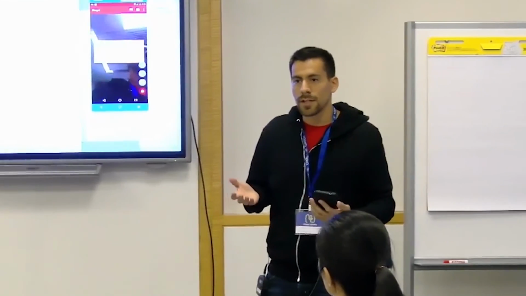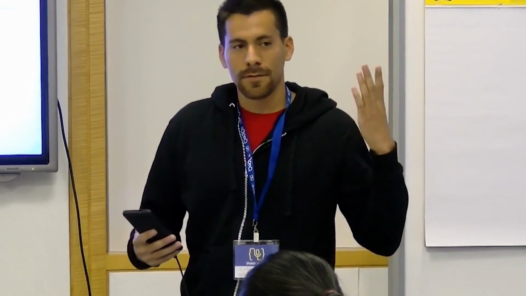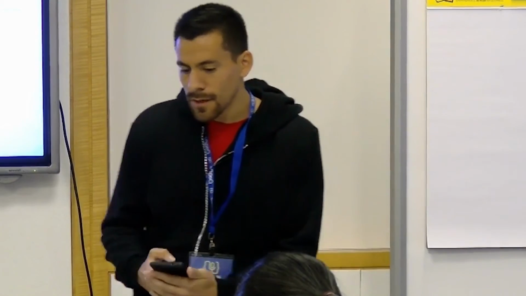Here I'm using the Screen Projection Manager, which was something added in, I believe, API 21. What it allows you to do is get the window of your phone. So I'm going to hit Start Now, and now the capture is capturing the window on my phone.